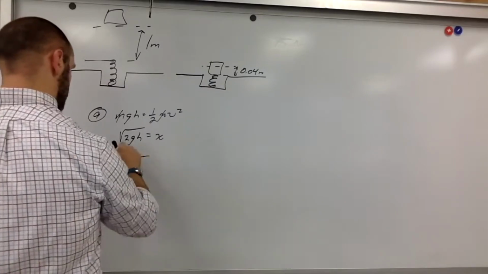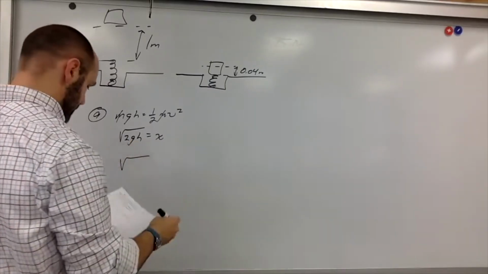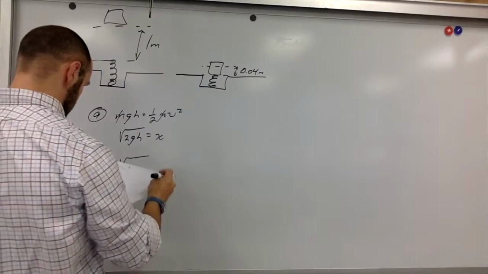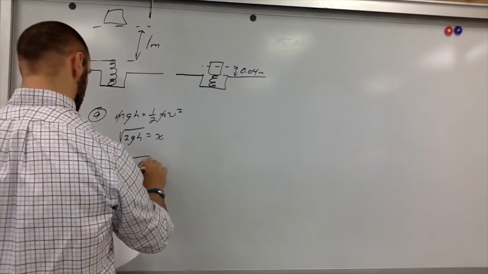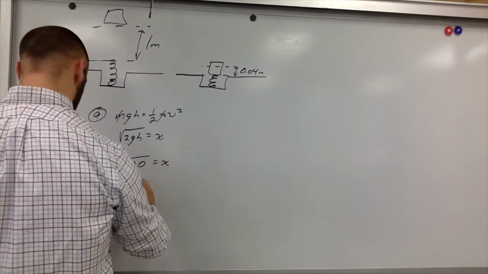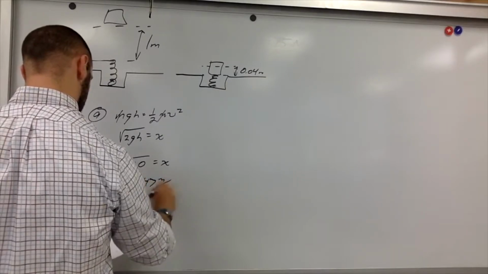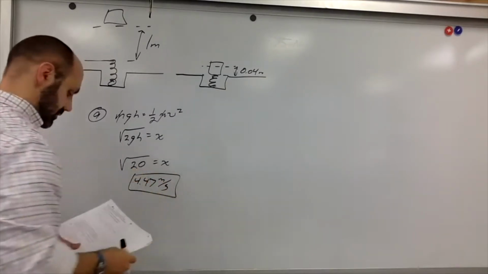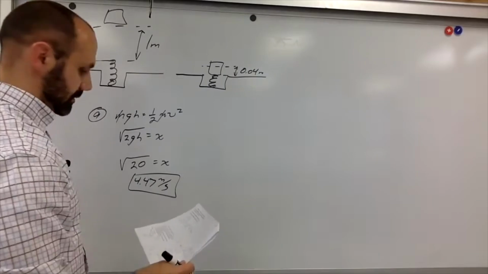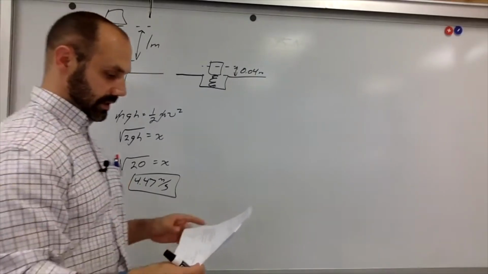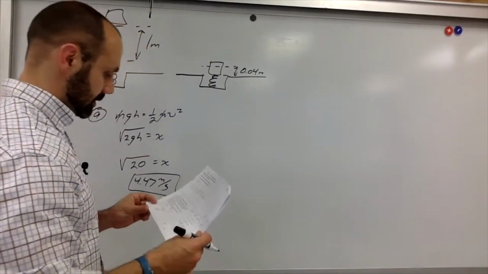So you get 2 times g, so 10 times 1, it's about, what is that, 20? Square root of 20. So this is going to be 4.47 meters per second.